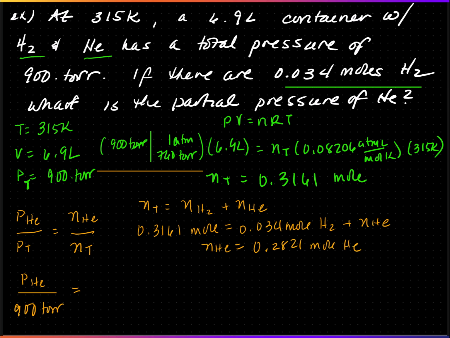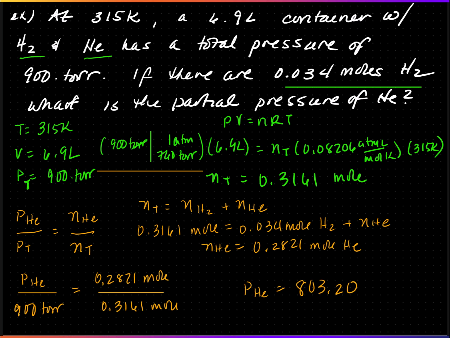So the moles of helium, 0.2821 moles, over the total moles, which is 0.3161 moles. Do the math by cross multiplying or multiplying each side by 900, and you solve that P helium is equal to 803.20. Now we're going to go back and do sig figs.